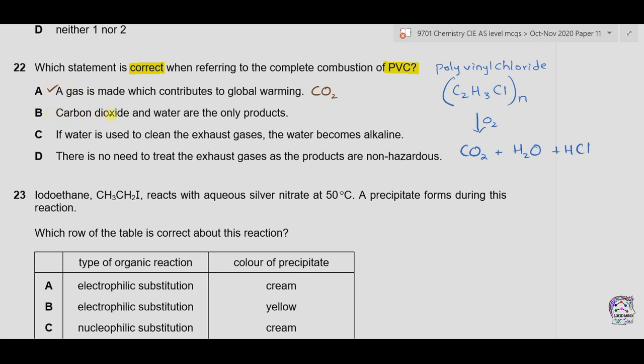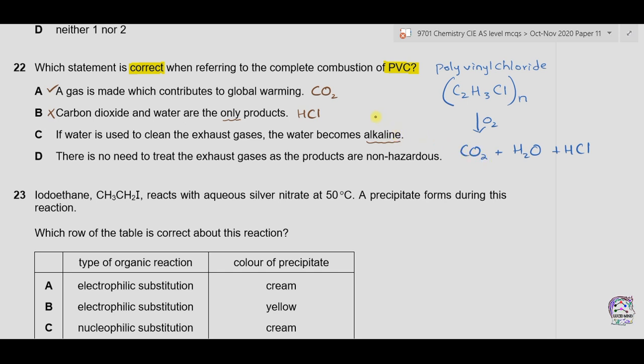In B we have carbon dioxide and water are the only products. We also have HCl, so B is incorrect. In C, it says if water is used to clean the exhaust gases, the water becomes alkaline. Now exhaust gases consist of HCl and CO2.